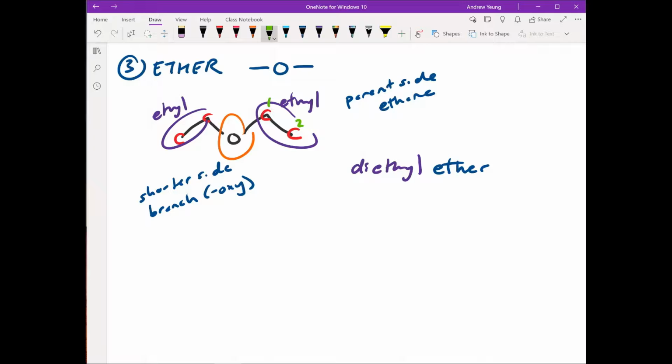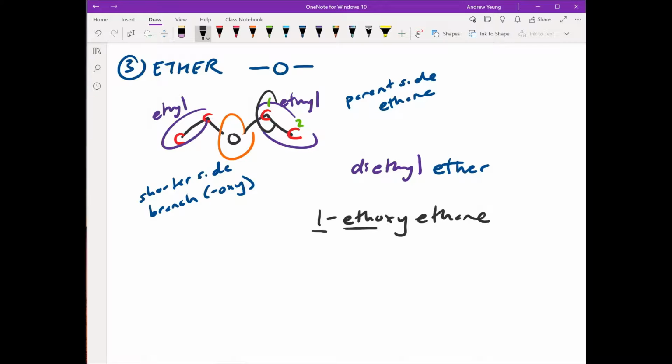So another name, diethyl ether, was perfectly fine, but another possible name you could have said was 1-ethoxyethane. Again, I'm not going to ask you the full detail of this one. At position 1 on my parent, there is an ethoxy, an ethyl branch attached to the shorter side, and the other side is just an ethane.